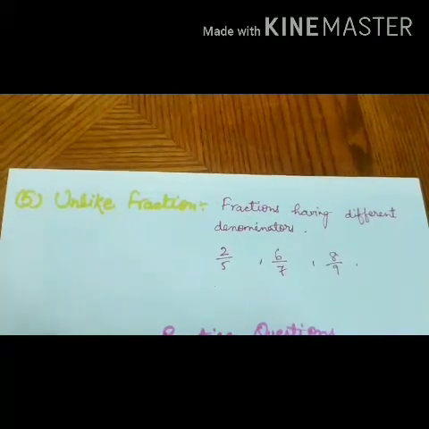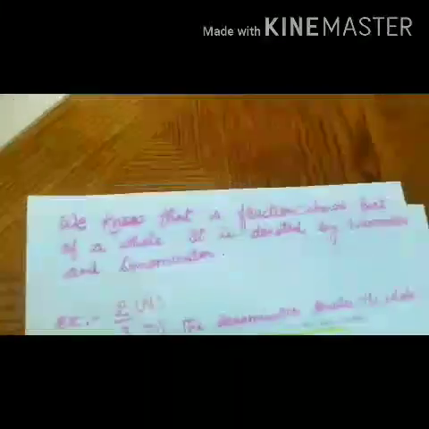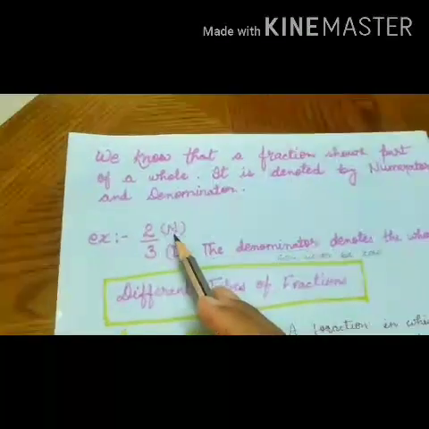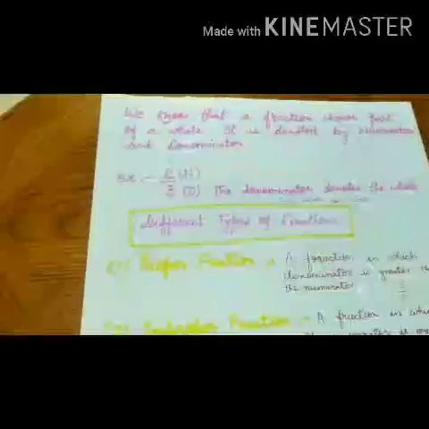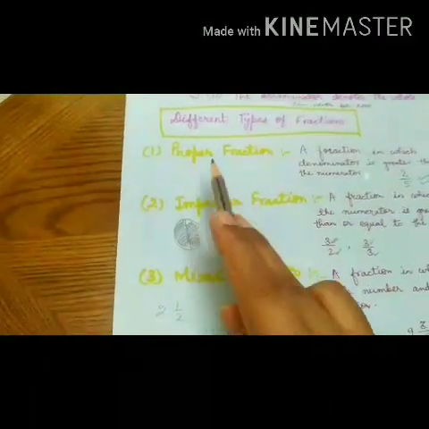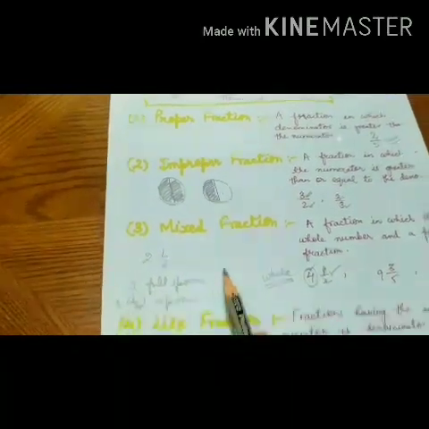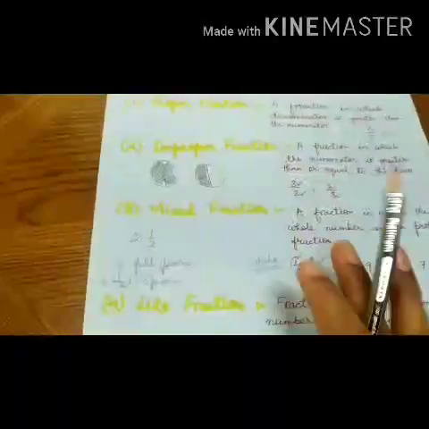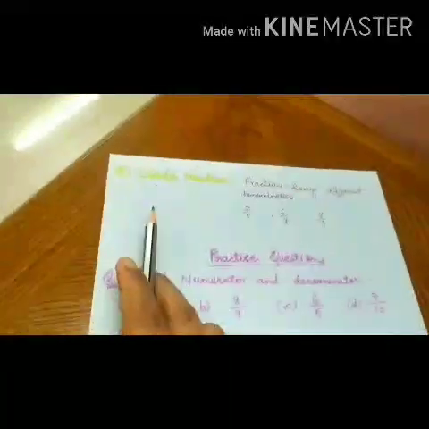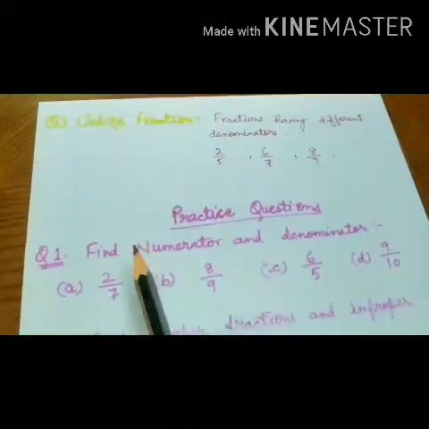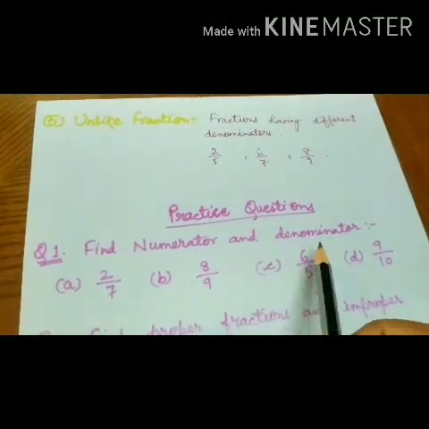That is unit fraction. But here you have to understand what is fraction, which has numerator and denominator, and its types are proper fraction, improper fraction, mixed fraction, like fraction, and unlike fractions. Now I have some practice questions. See, you have to find out numerator and denominator.